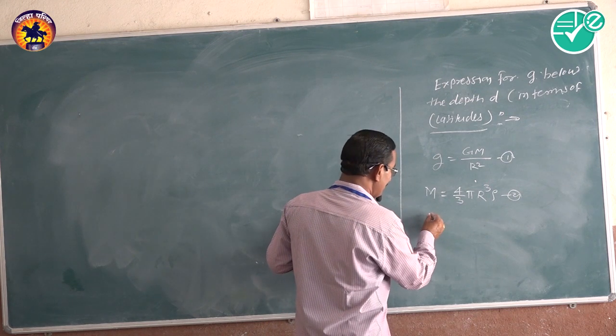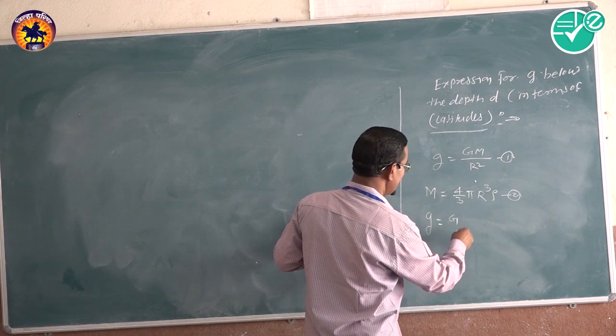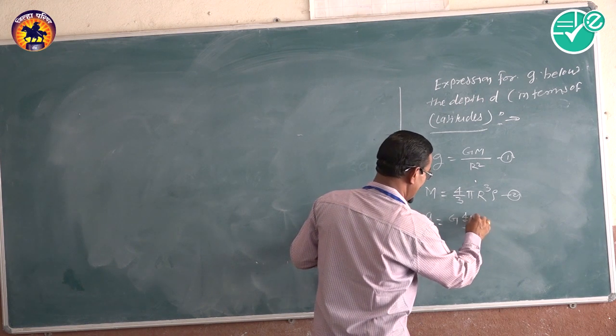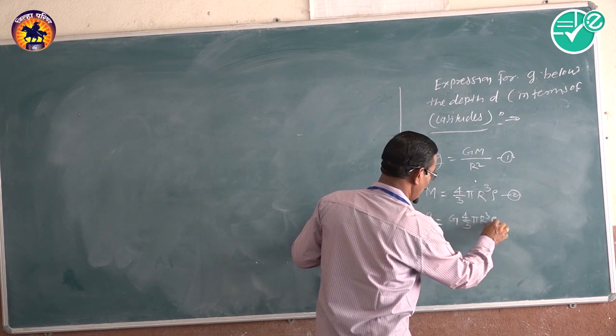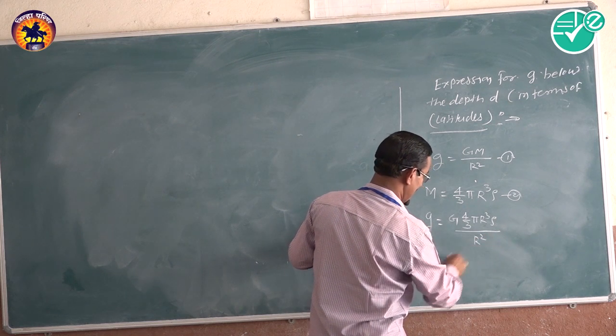Then small g is equal to G into 4 by 3 pi R cube rho divided by R square.